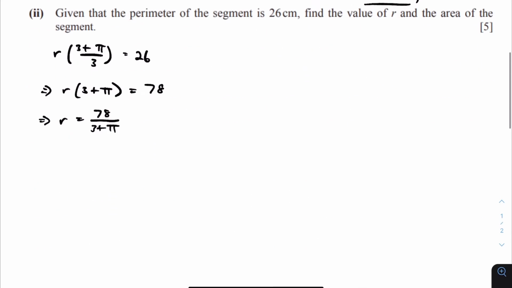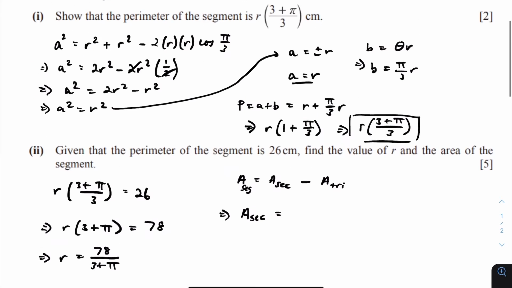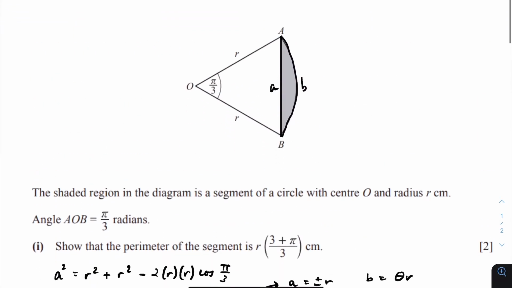So let's say A of segment is equal to A of sector minus A of triangle. So the area of the sector is equal to half theta r squared, as given by the formula we deduced in the last video that we covered.